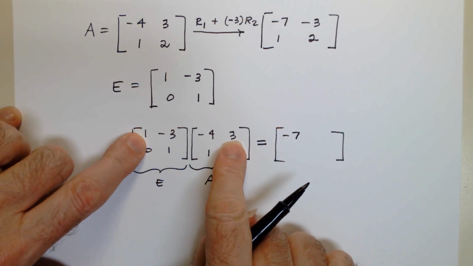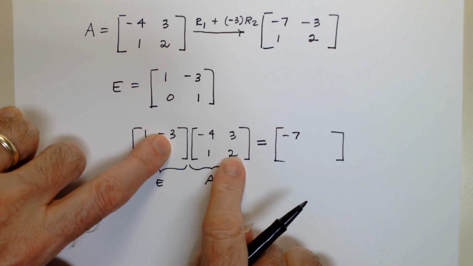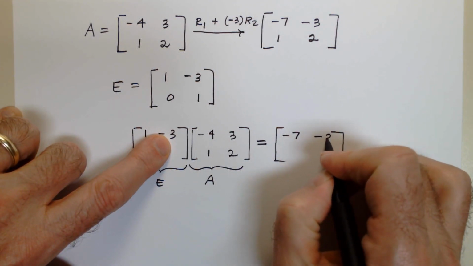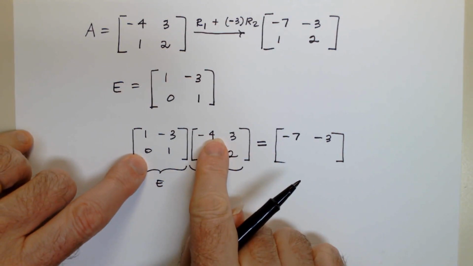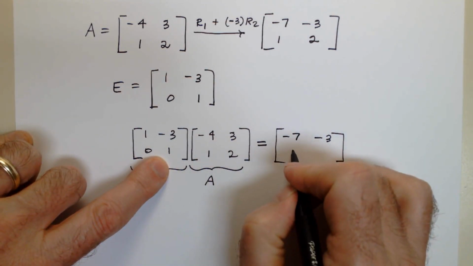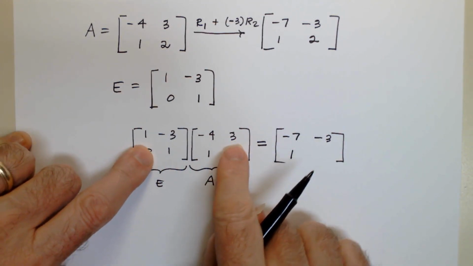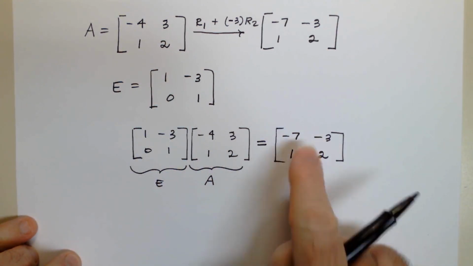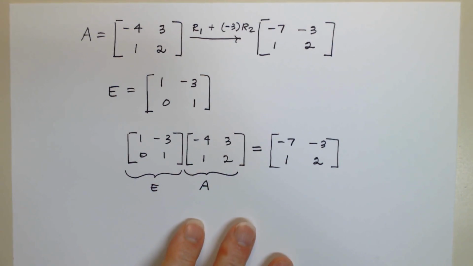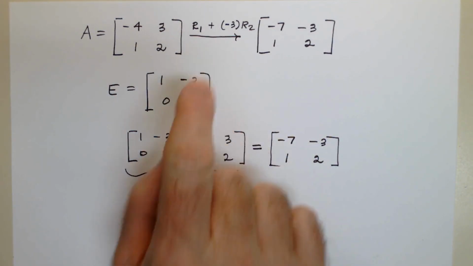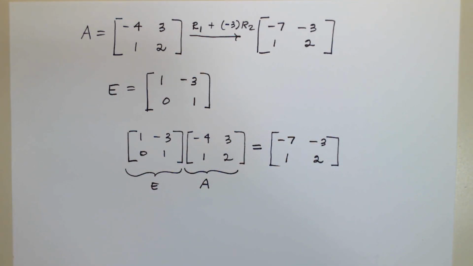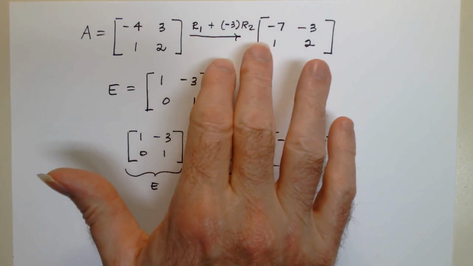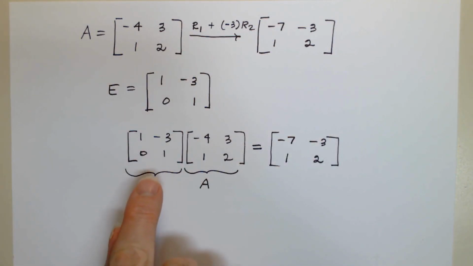I'm going to have 3 minus 6, 0, 1, 0, 2, and those are equal to each other. And that's what Theorem 3.10 is saying, is that a row step can be affected, we can create the same effect on a matrix by multiplication on the left by the elementary matrix of the same type.